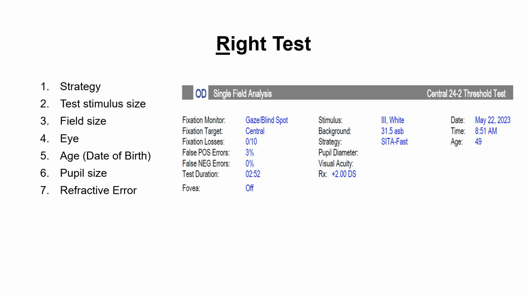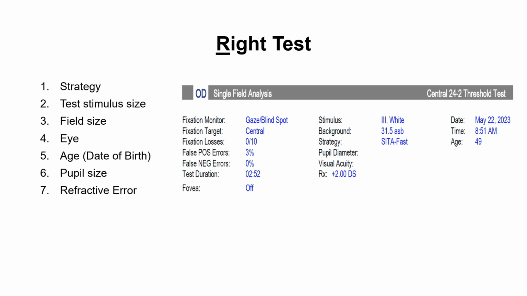We see here the stimulus size, it's 3 white, background 31.5 apostilbs, the strategy SITA Fast, and the pupil diameter here is missing, it should be mentioned. It should be more than 3 millimeters, and visual acuity also should be mentioned. Here the refractive error is +2, and here is the date of the test, the time of the test, and the age of the patient. All these should be confirmed before starting to read the visual field printout.